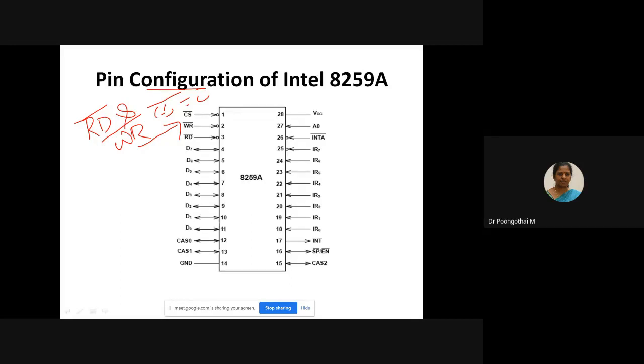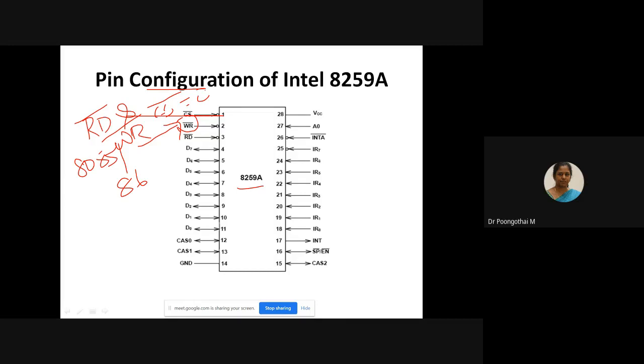So your 8085 or 8086 sends the control words to 8259 by using this control signal, write bar. Next, the read signal. It enables a read operation.